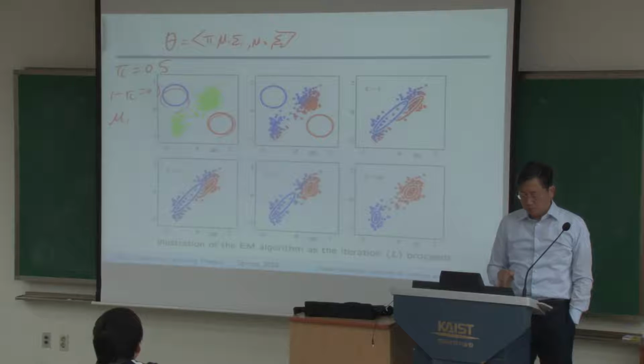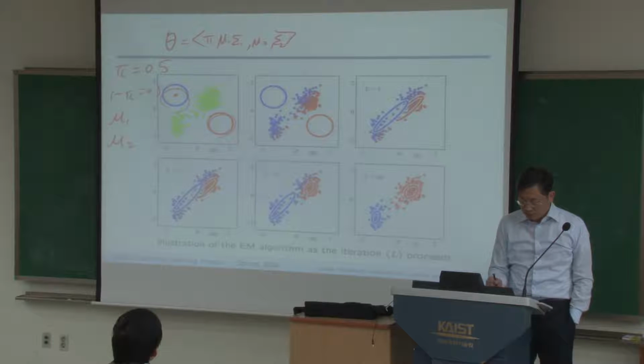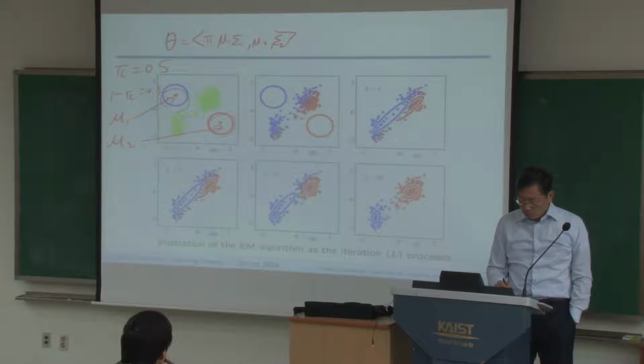Where is mu1 and mu2? Right here, right here. That's mu1, and that's where mu2 is. Okay? Where is sigma 1 and sigma 2? That's probably in this direction. It's a diagonal.